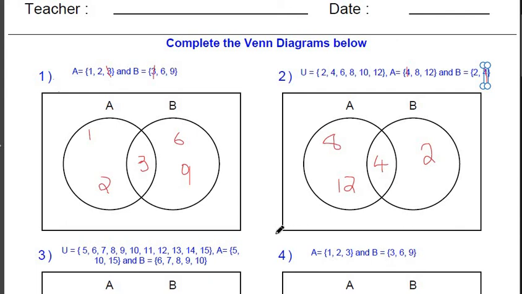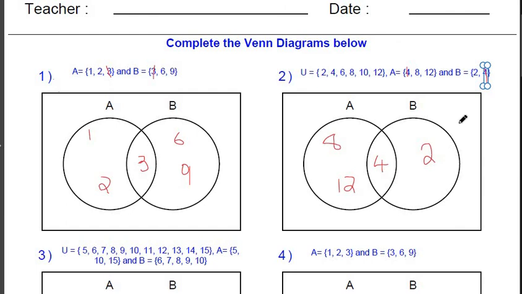That rectangle represents the universal set. That means the rectangle has all the elements of B, all the elements of A, and all the elements that are not included in A and B will be written in the box.